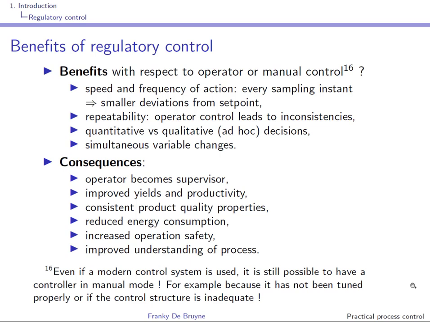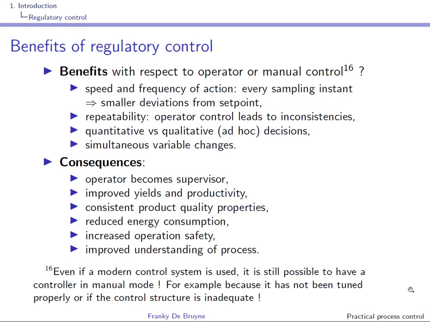Of course, you can run several controllers in your PLC so that you can do simultaneous variable changes, whereas an operator is of course limited in the number of controllers or processes that he can monitor.